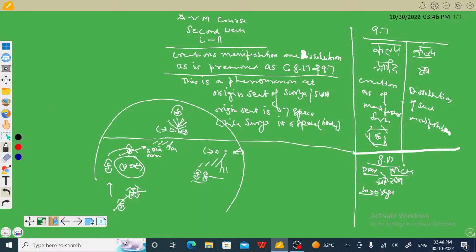See this preservation of the feature in 8.17, that the manifestation is of 1000 yugas duration, and dissolution as well is going to be of 1000 yugas duration.